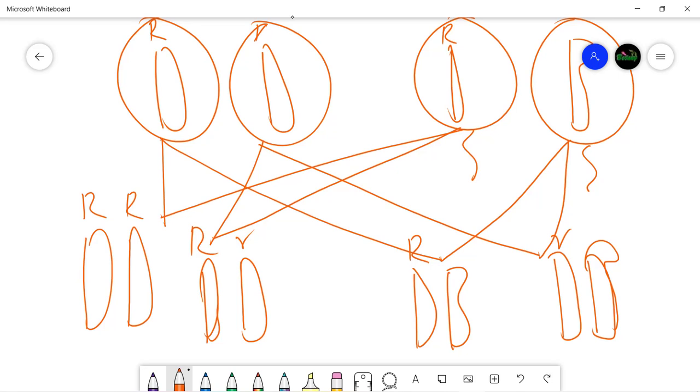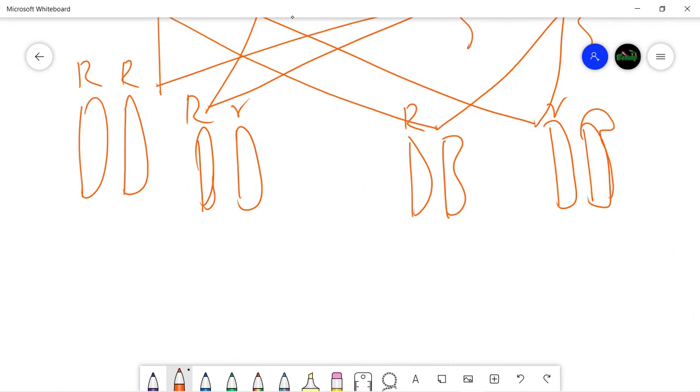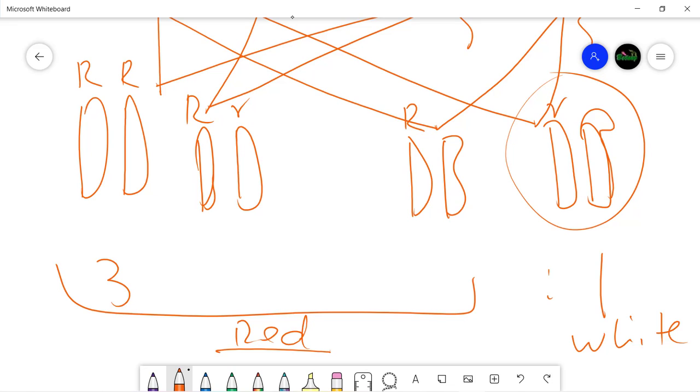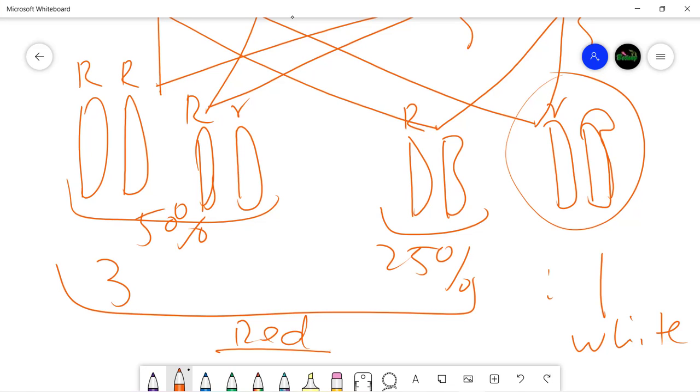As I told you at the start of the video, the F2 result was 3:1: 3 red-eyed flies, or 75%, and 25% white-eyed flies. However, the 25% white-eyed flies are all male, and of the 75%, 50% are female and 25% are males.